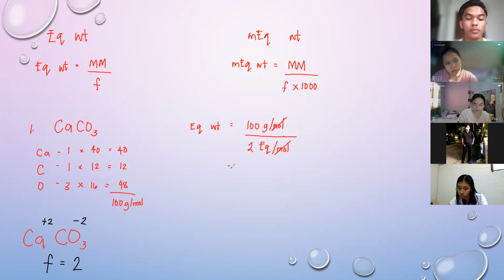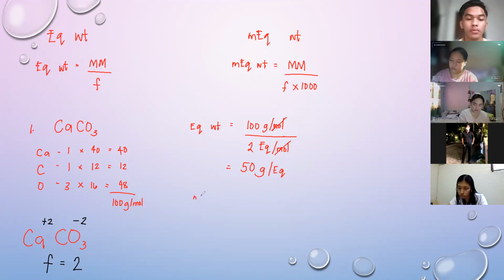And then let's divide. 100 divided by 2, that's 50. So, ang unit nito, grams per equivalent. Huwag mong baliktarin ha. Babaliktarin lang kapag merong per sa baba. Pero since kinancel natin yung mole, hindi siya babaliktarin. Grams per equivalent lang talaga yan siya. Okay? Ayan. So, that is now the equivalent weight of calcium carbonate.